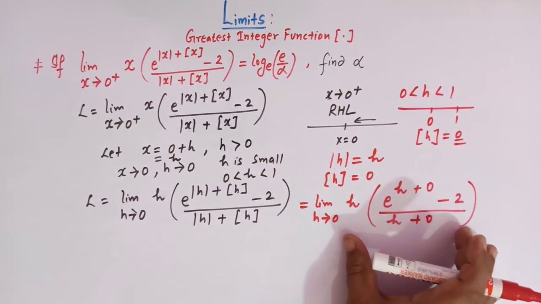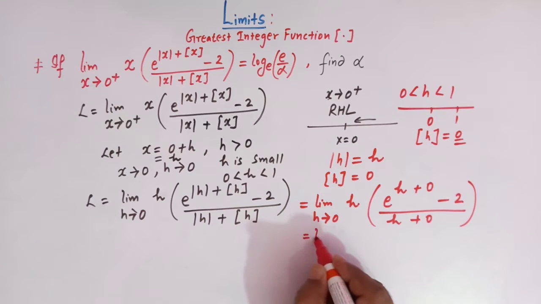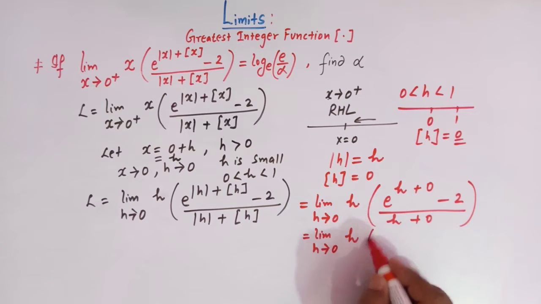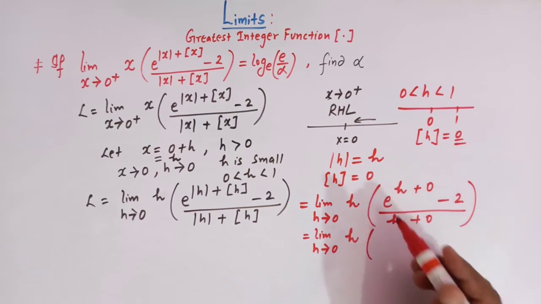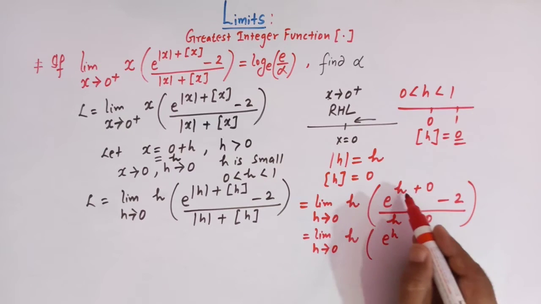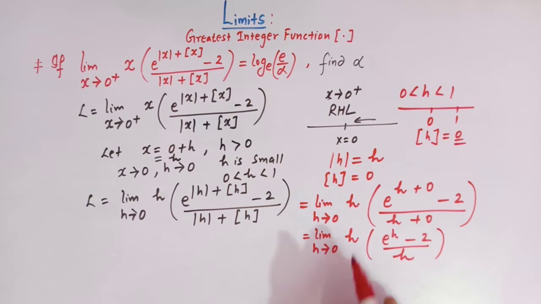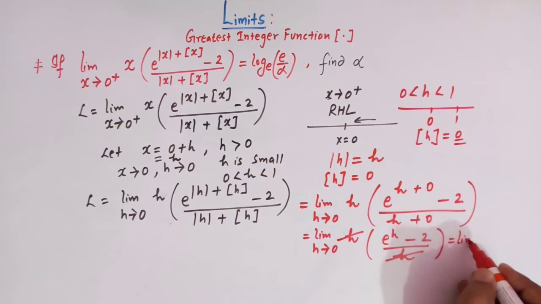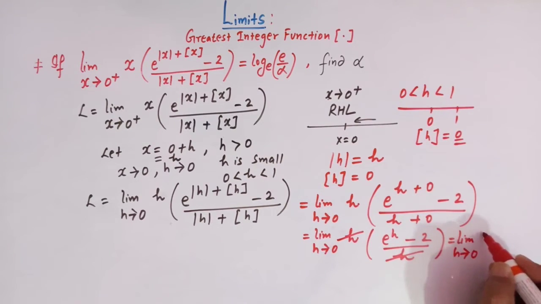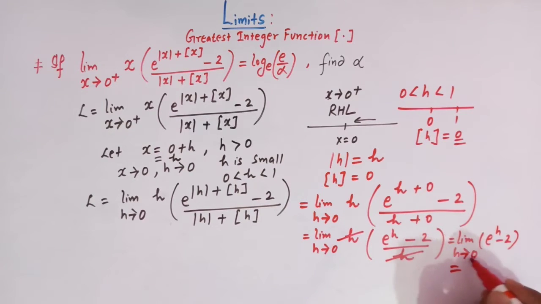Now we can simplify this expression. We have limit h tends to 0 of h times the bracket e raised to h, because h plus 0 is h, then minus 2, divided by h. This h and this h get cancelled, so we have limit h tends to 0 of e raised to h minus 2, and now we can substitute h is equal to 0.